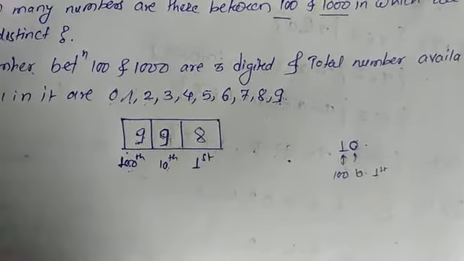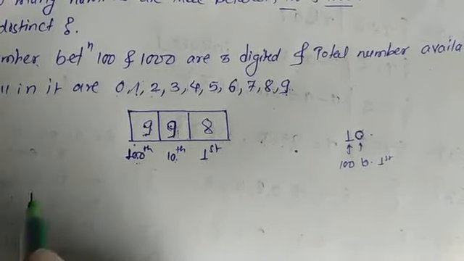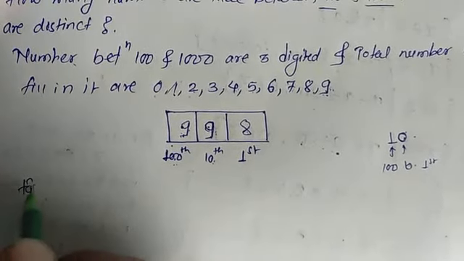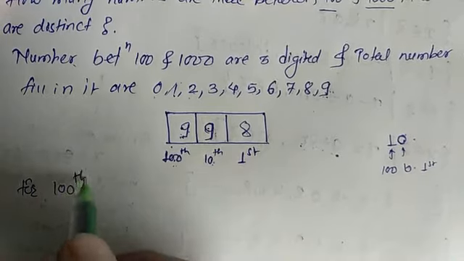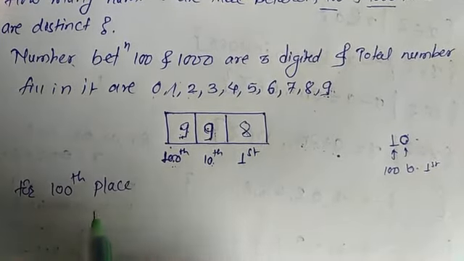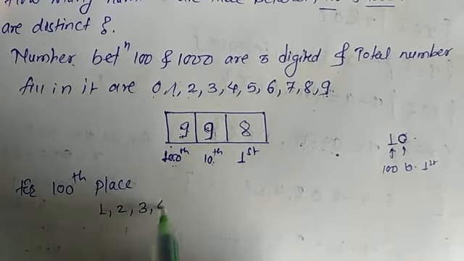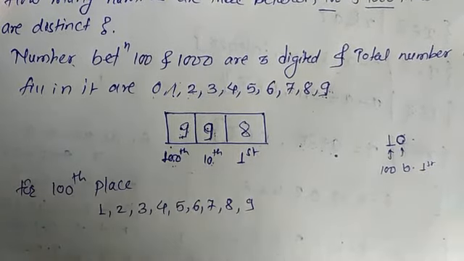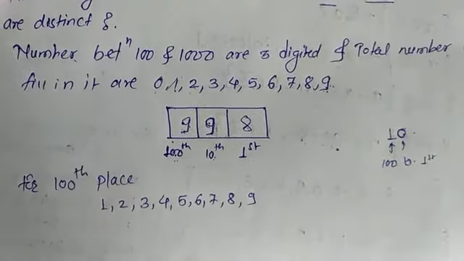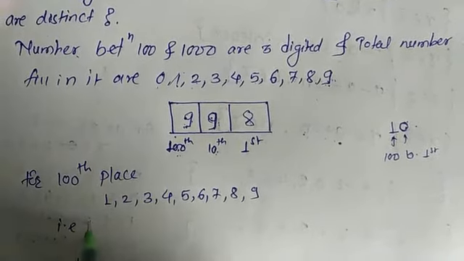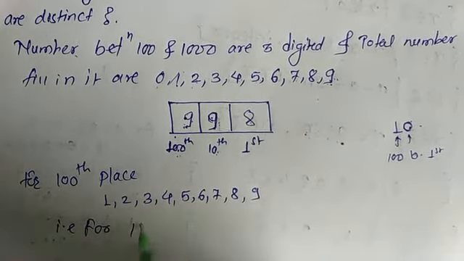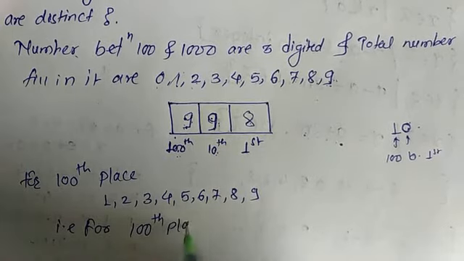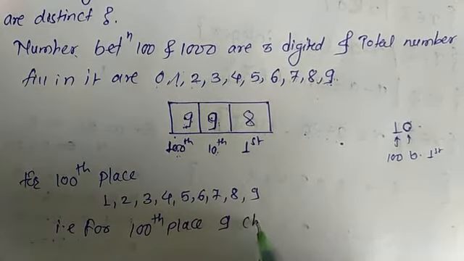So you may write: for the 100 place, the possible numbers are 1, 2, 3, 4, 5, 6, 7, 8 and 9, so 9 choices are there.